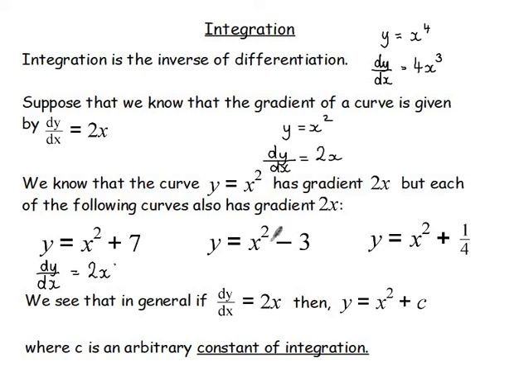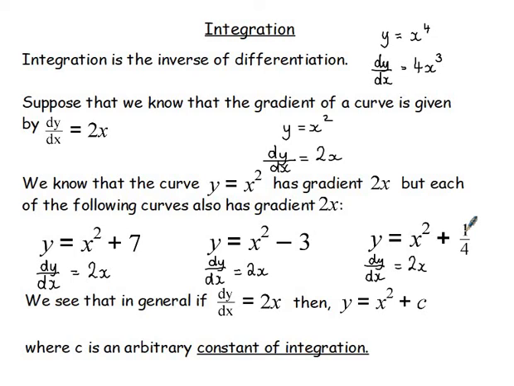For this one as well, dy by dx is 2x, the minus 3, when you differentiate it, would disappear. And exactly the same here, when you differentiate this equation, the x squared becomes 2x, and the quarter will disappear. So loads of different curves actually have dy by dx equals 2x.